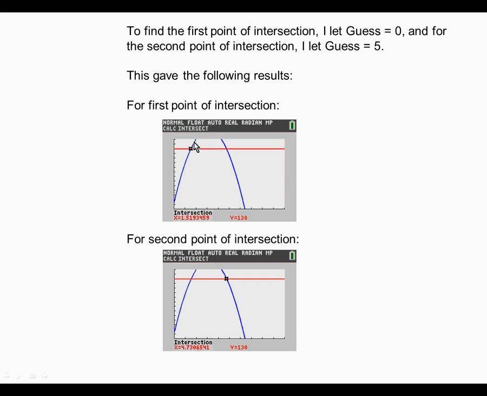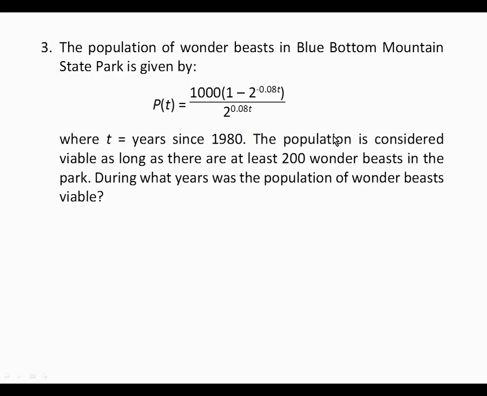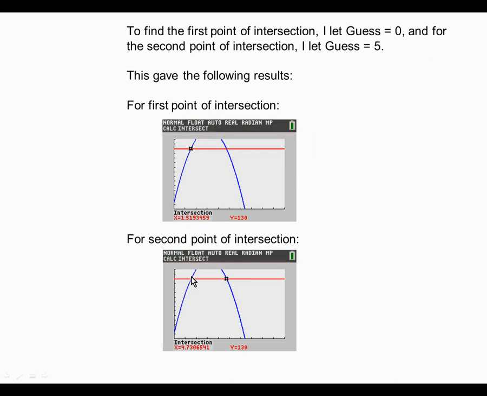And the blue graph is above the red graph between those 2 values. Since we want to know when the projectile is at least 130 feet above the ground, we're going to include the endpoints. So 1.52 less than or equal to t, less than or equal to 4.73 seconds after being thrown into the air. And again, going back to our graphs, you can see that's where the blue graph is above the red graph.